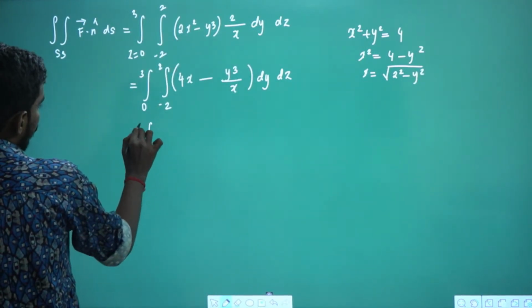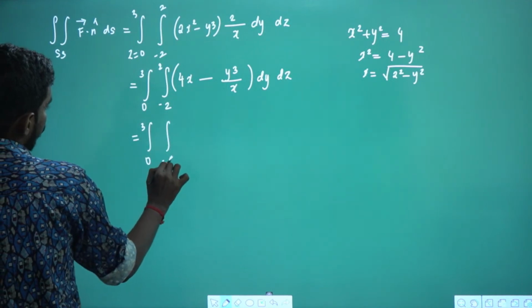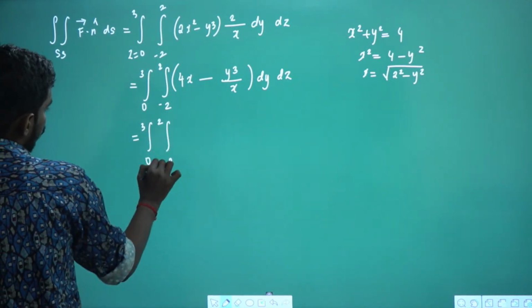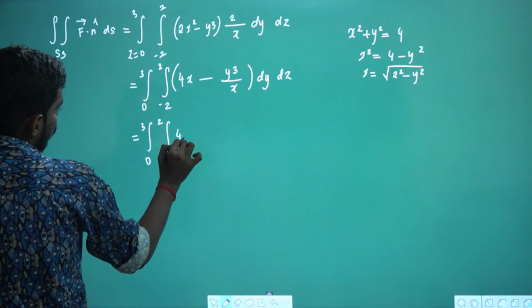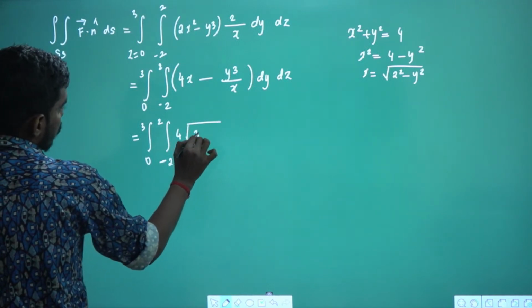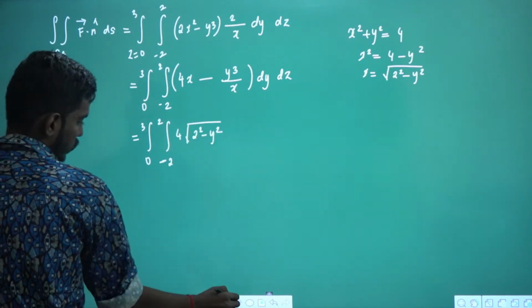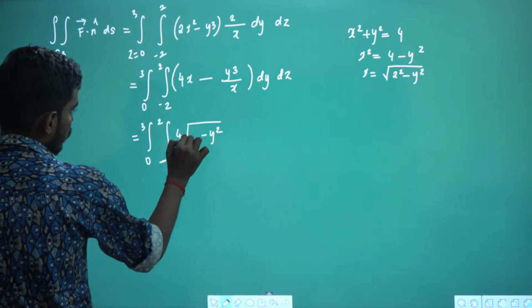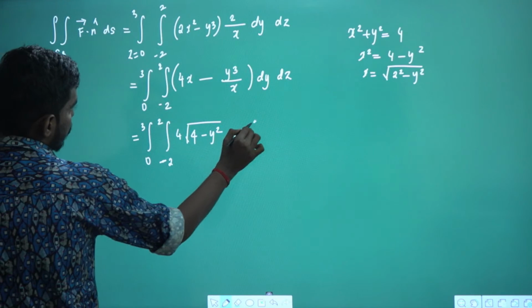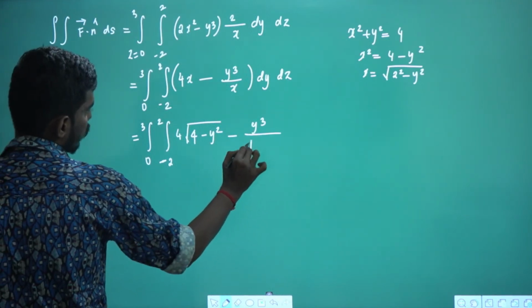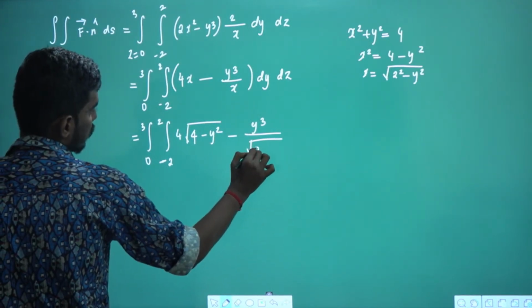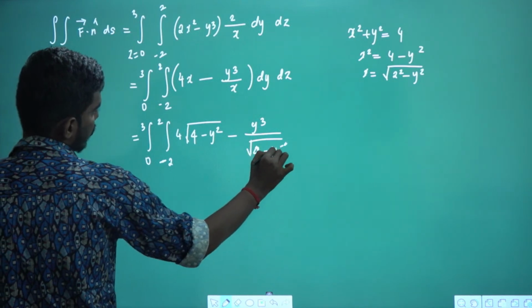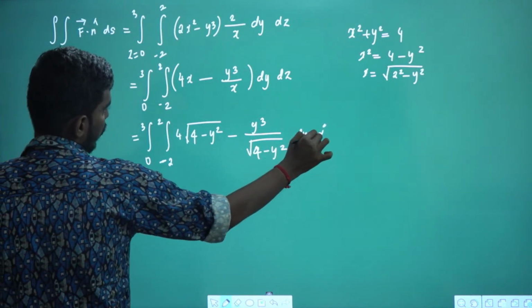It will be integration of 0 to 3, integration of minus 2 to 2, of 4 times root of 2 square minus y square minus y cube divided by root of 4 minus y square, dy dz.